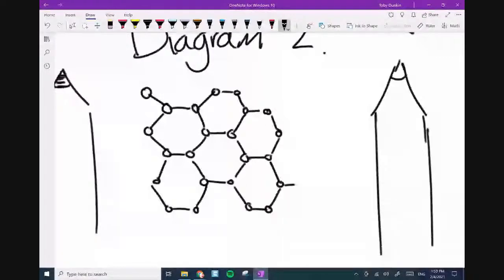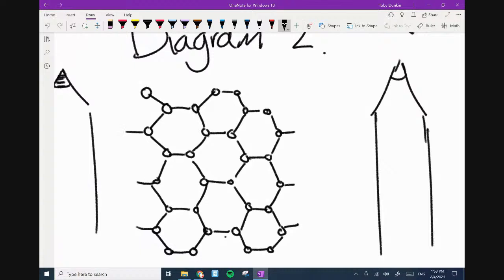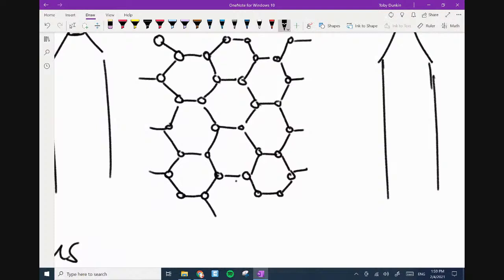These layers are giant, millions of carbon atoms all linked together in one giant sheet of graphite. So we're now looking down on top of the layers. There we go. Draw another one up there. These layers go on indefinitely. They just go on and on and on.